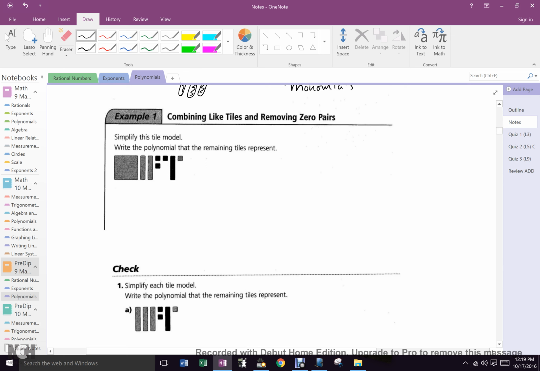So, we are going to simplify this tile model. That means what we are going to do is remove zero pairs. So, let's look. First of all, do I have all 3 kinds there? Yes. So, remember, the gray ones are the positives, because heaven forbid we sound racist.